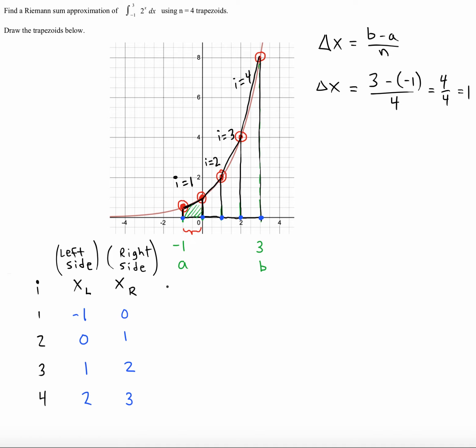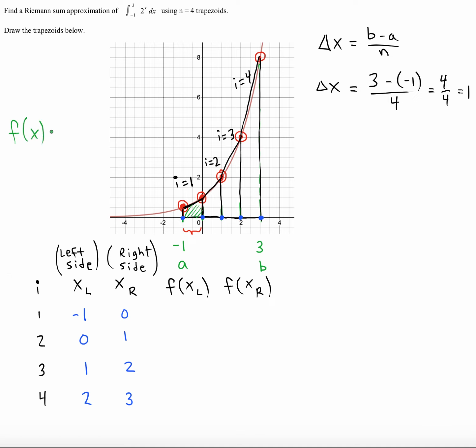What I want to do next is find the height of the left side, and we'll want the height of the right side. So for this one, the function's a little more complicated than it was in my previous videos.